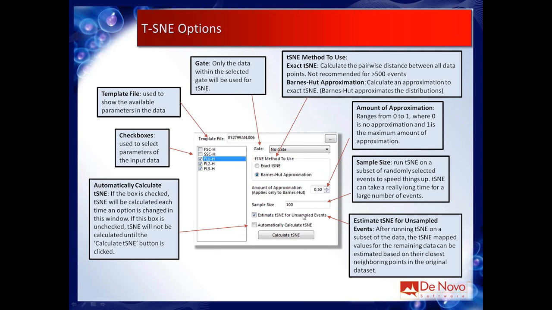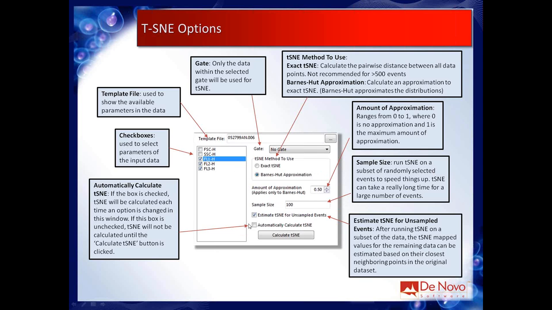We take all your data that wasn't sampled, find its nearest neighbor in the original data space, and estimate the unsampled data's tSNE coordinates based on the sampled data's tSNE coordinates.